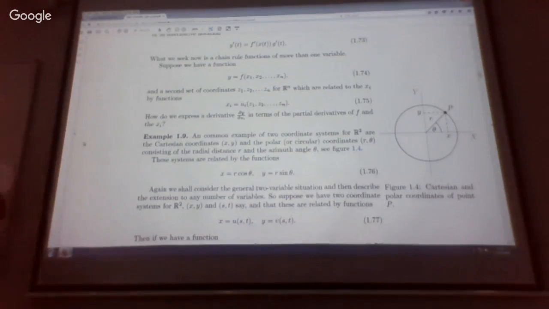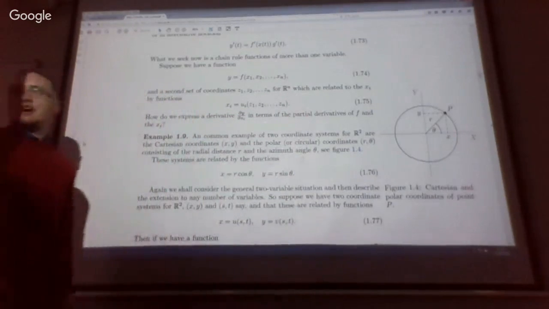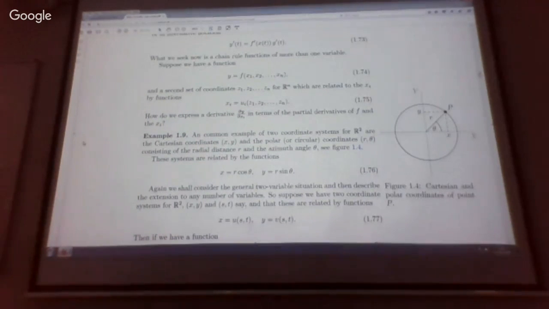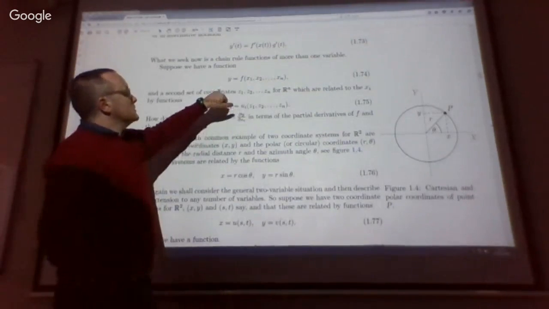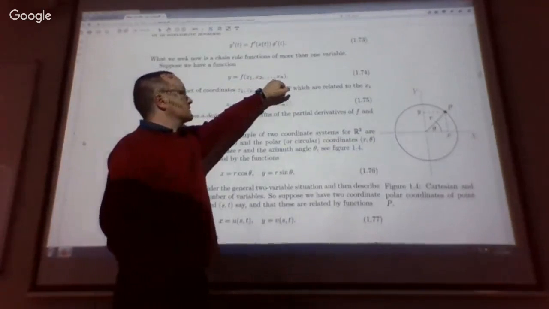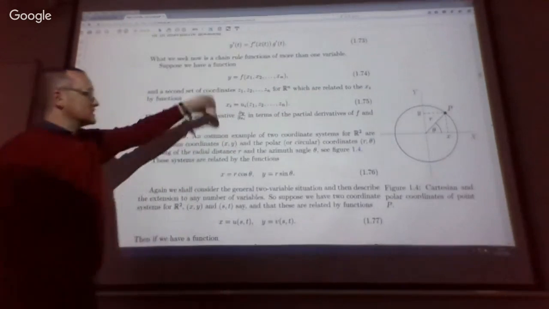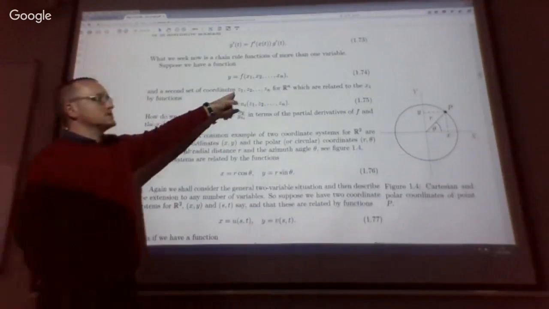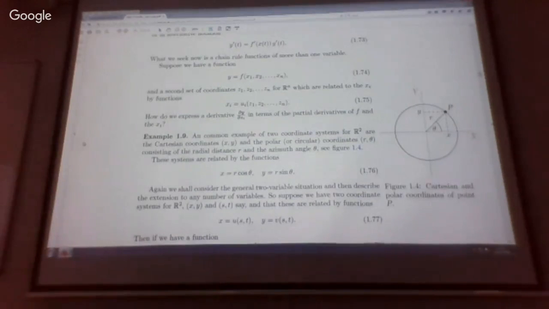But suppose there's an alternative system of coordinates for Rn. Okay. So we're going to imagine, rather than describing points in the space Rn as combinations of the coordinates x1 through xn, instead you're going to describe them as combinations of z1 through zn. We'll meet a concrete example soon.